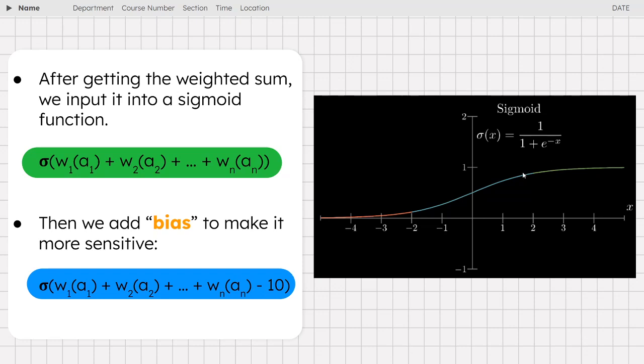Say without the 10, you get 0.8. But if you subtract the 10, it could drop down to like 0.6, for example. And we could give it a high bias to make it only be activated when the value is high.